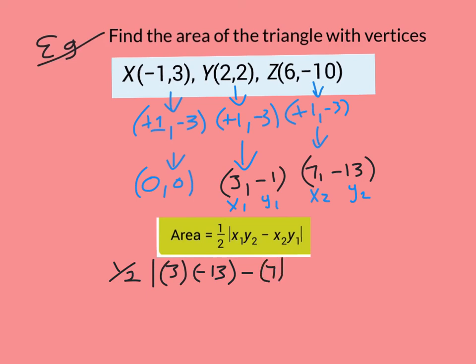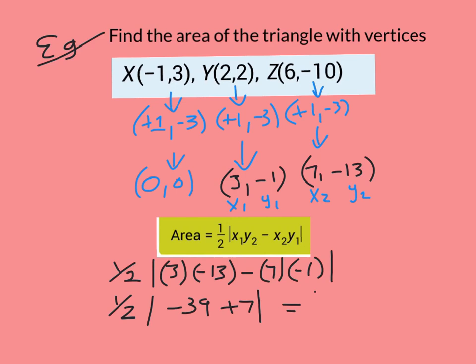And then I have y1, which is minus 1. Okay, so a half of 3 by minus 13 gives me minus 39. So I have minus 7 by minus 1 gives me plus 7.